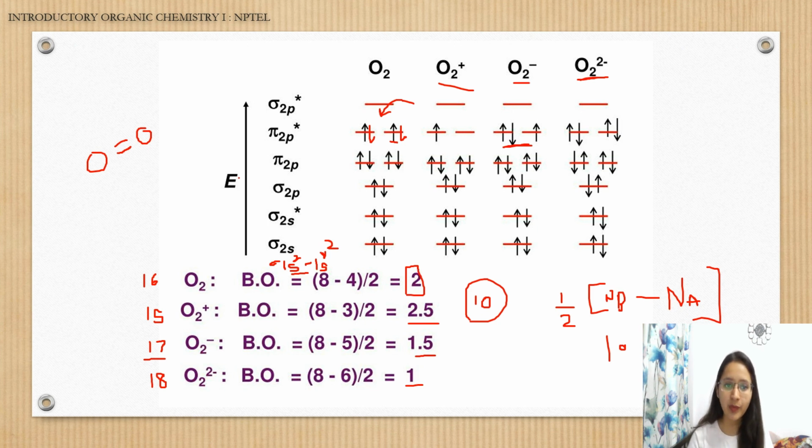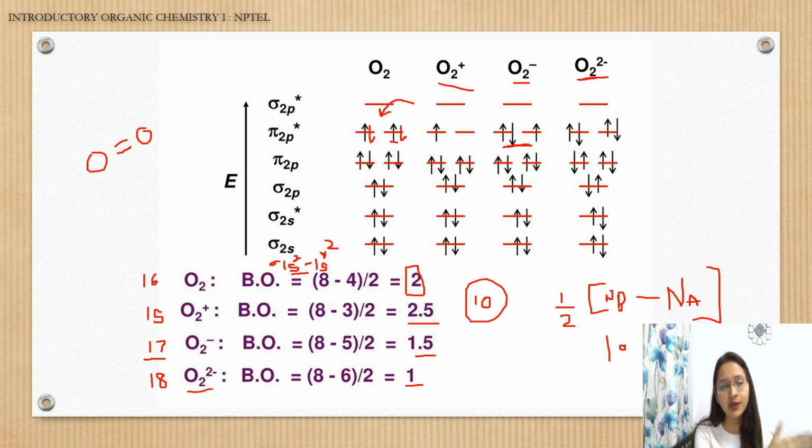So if oxygen has a bond order 2, that means it has a stronger bond than O2 plus, O2 minus and O2 2 minus. So the weakest bond among these four species will be O2 2 minus, because bond order is directly proportional to the bond strength.